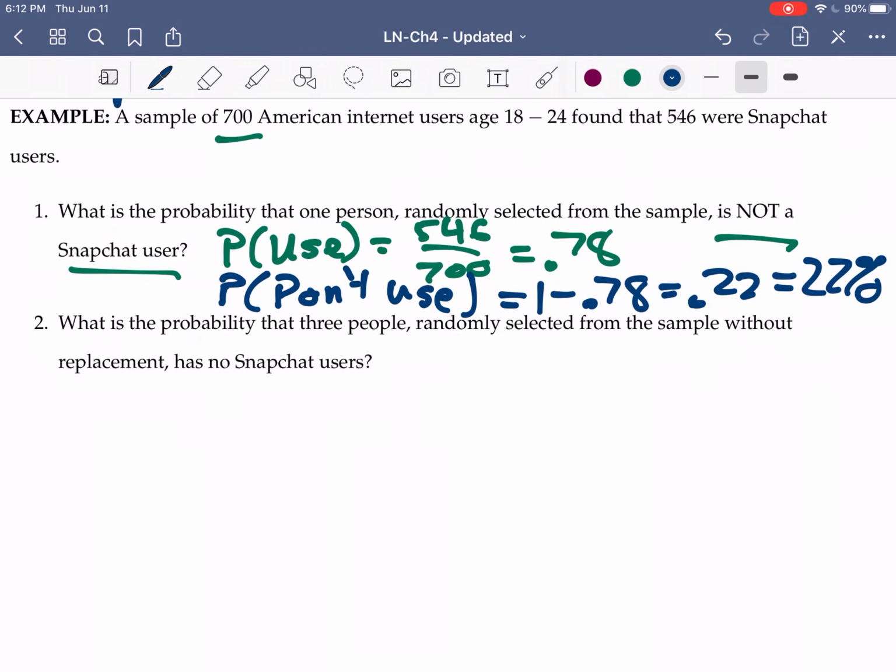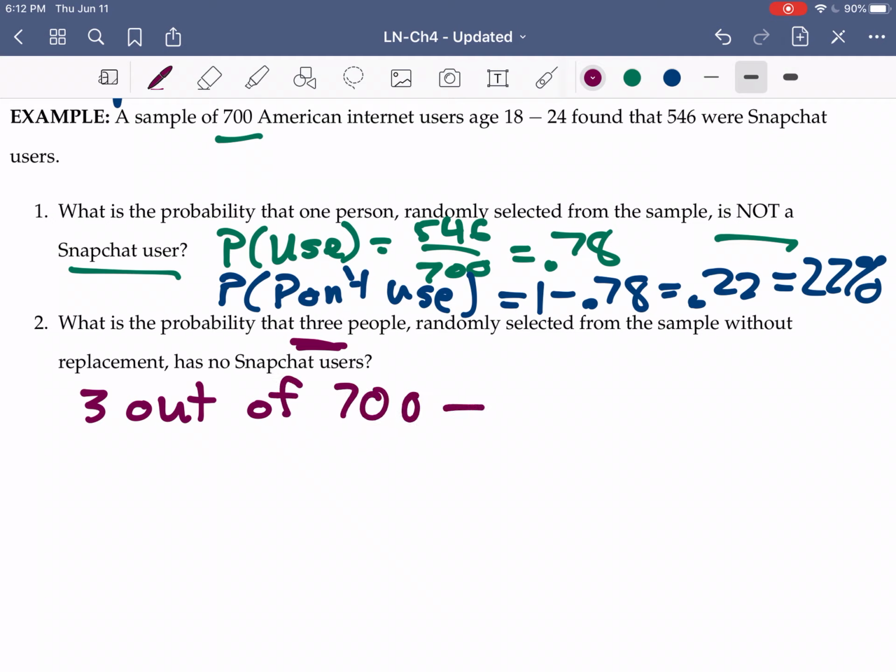Let's look at the second question. The second question says, what happens if we pick 3 people from the sample? What is the probability that none of those 3 use Snapchat? So we're selecting 3 out of 700.